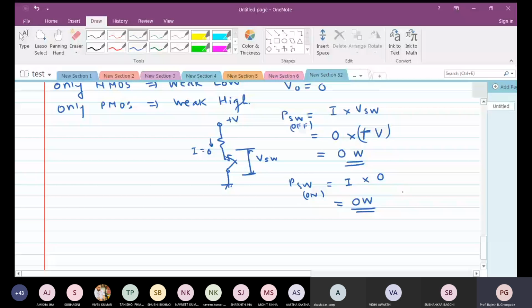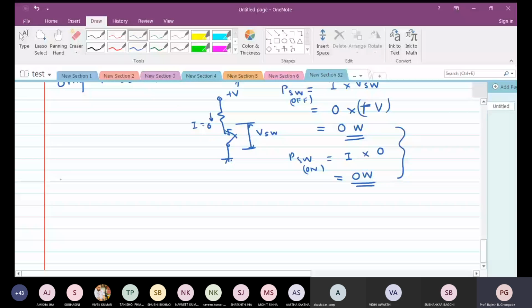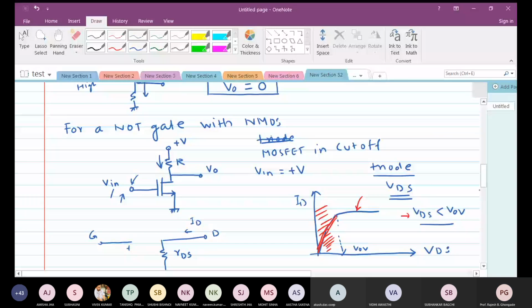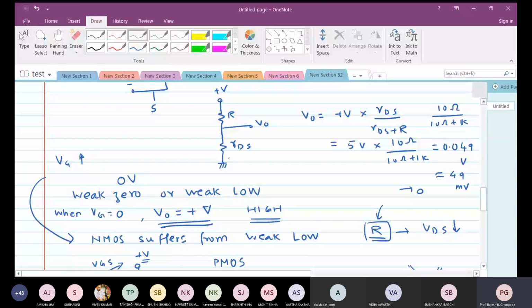But in the case of NMOS, RDS comes into picture when the device is on. This is the current flowing through the device.